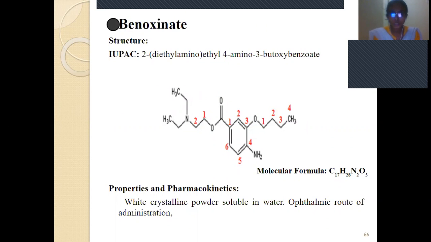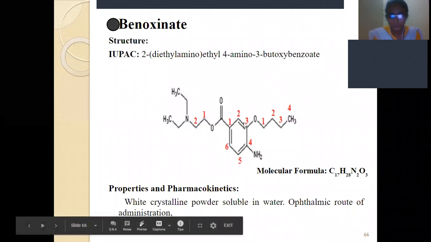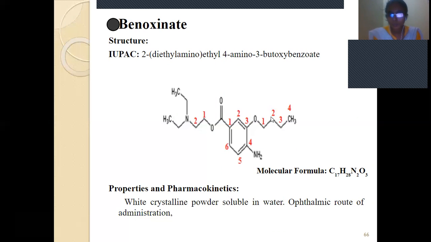Next drug is benzoxinate, and this is the structure, and the IUPAC name is 2-diethylaminoethyl 4-amino-3-butoxybenzoate. If you see the structure, this is the benzoate structure. 1, 2, 3, 4 carbon atoms mean butyl, and here one of the oxygen, so butoxy.